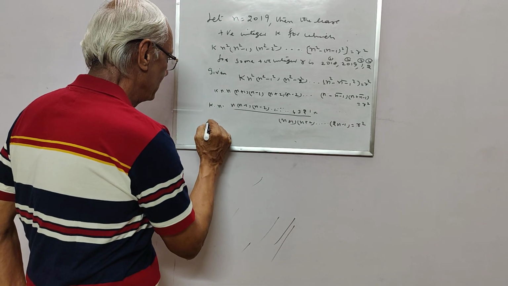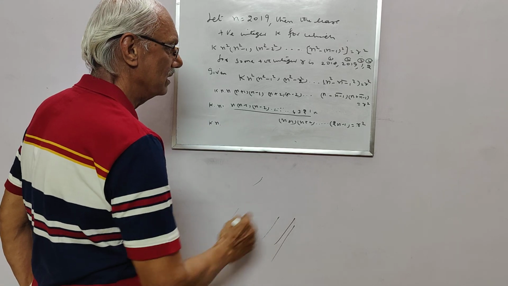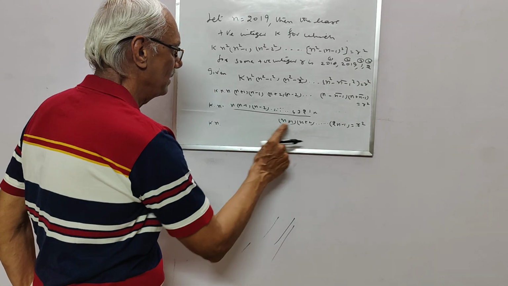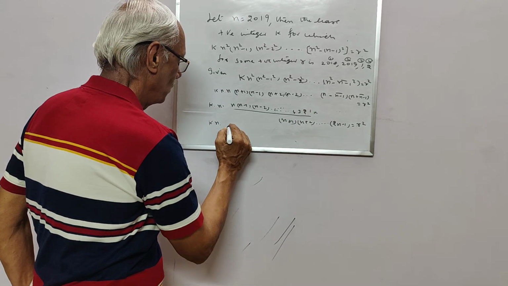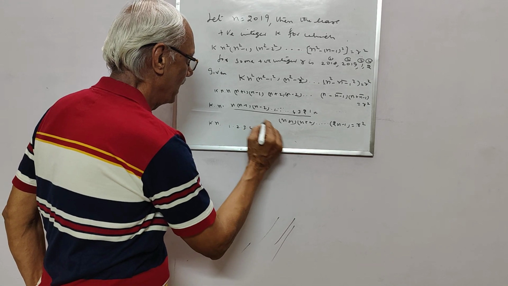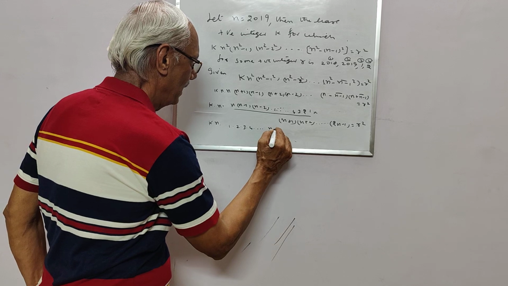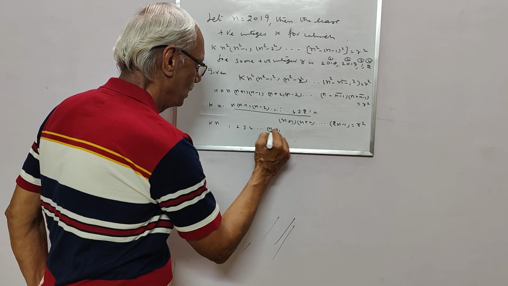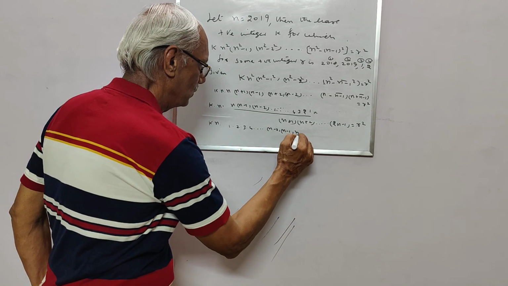Now if you rewrite this again, see what I am telling you: from this you write 1, 2, 3, 4, it goes on increasing, up to n minus 2, n minus 1 into n.